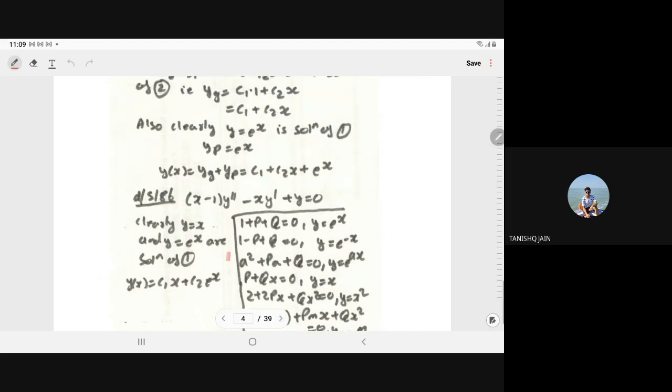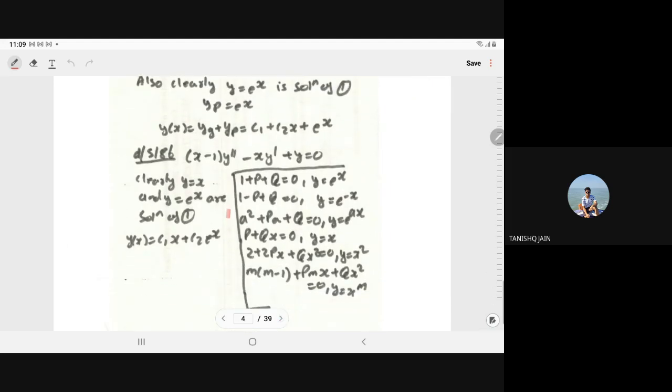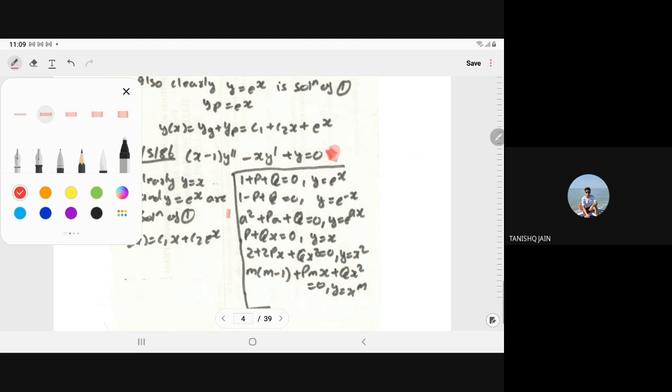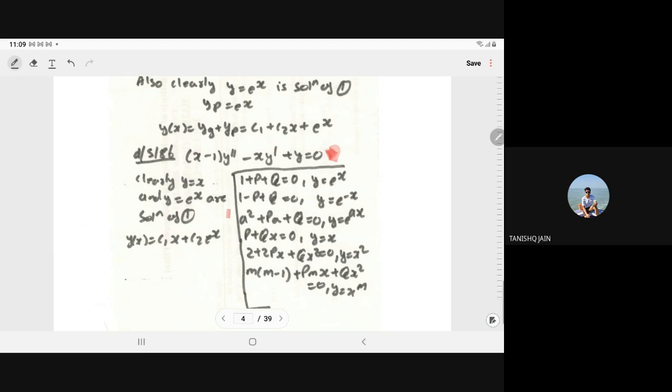So let us have this question: x minus 1 y double dash minus x y dash plus y is equal to 0. In this case, if you write it in the standard form, it will give you y double dash minus x upon x minus 1 y dash plus 1 upon x minus 1 y is equal to 0.